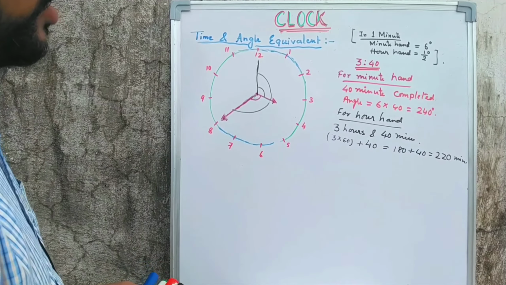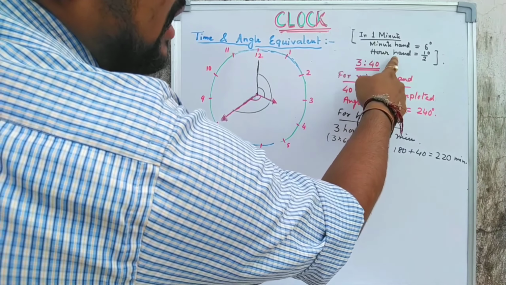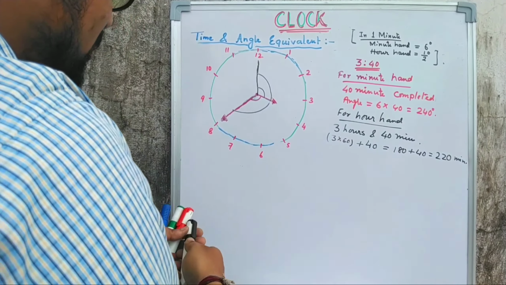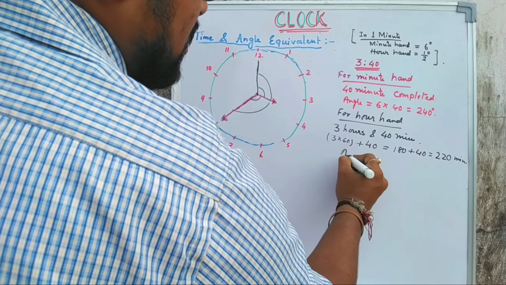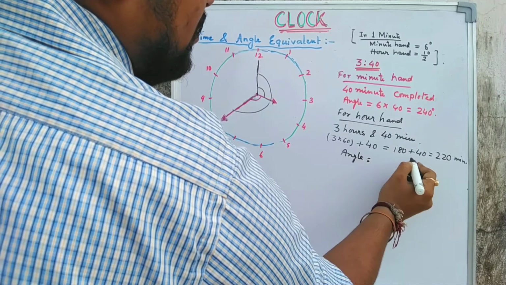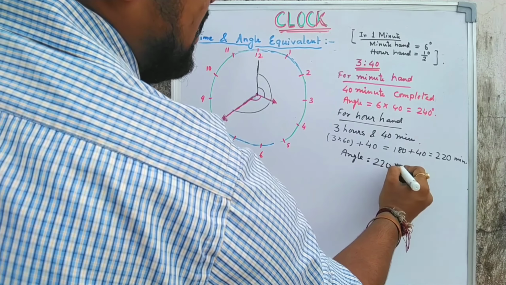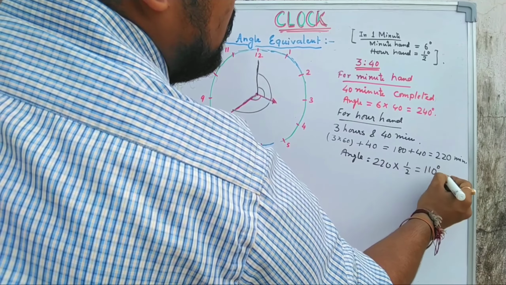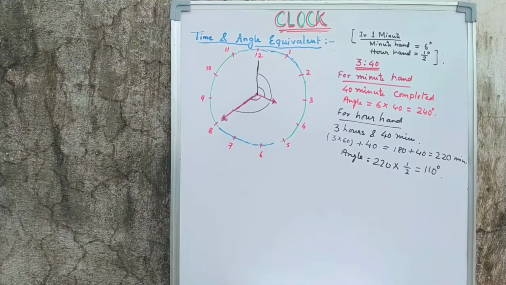In 1 minute the hour hand completes half a degree. So in 220 minutes, angle equals 220 multiplied by half. It is coming 110 degrees.